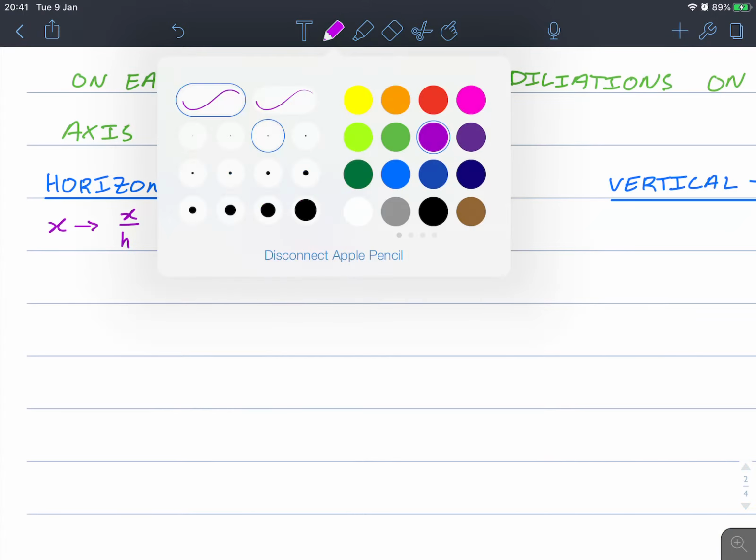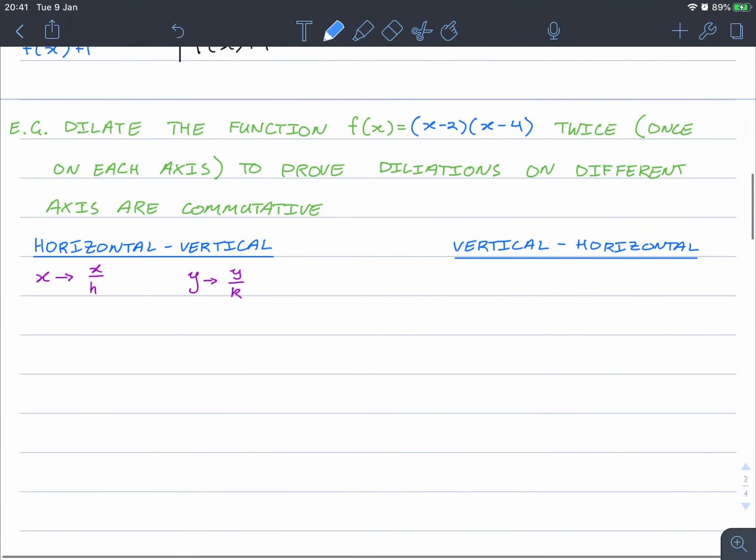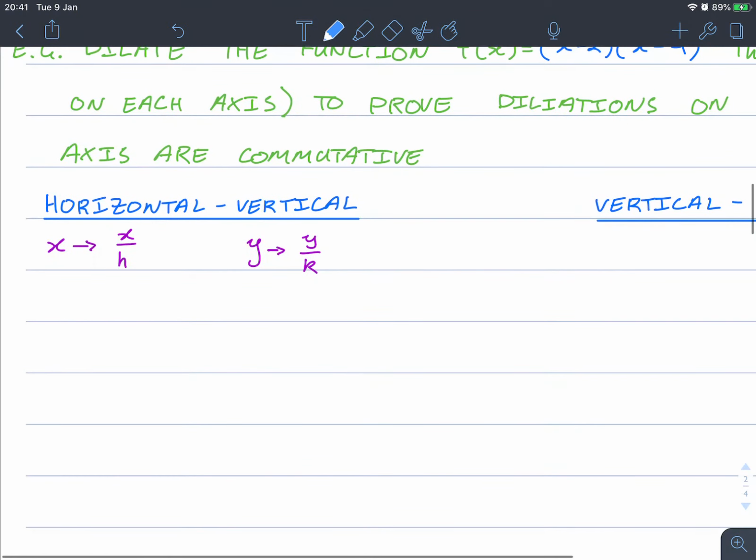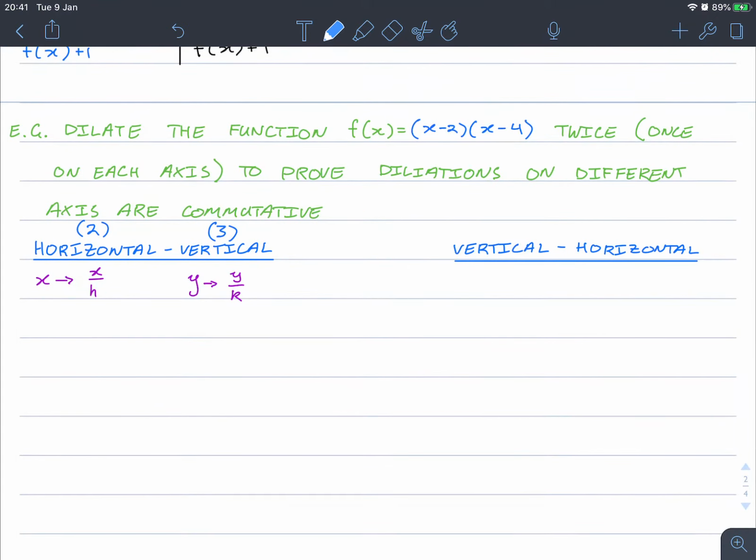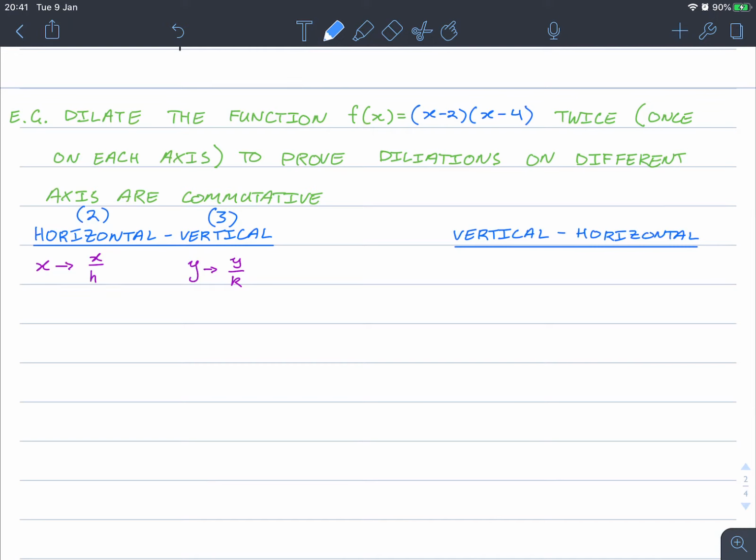To prove this, let's do a horizontal dilation of, let's say, 2, and a vertical dilation of 3. Let's see what this will look like on our function. So here's our function: y is equal to (x minus 2)(x minus 4).